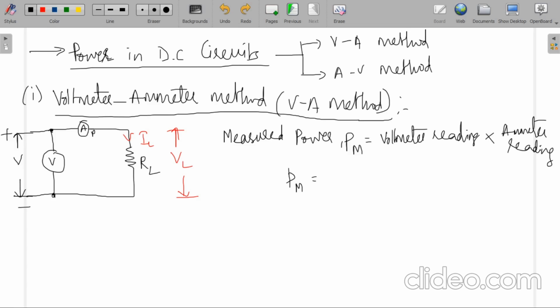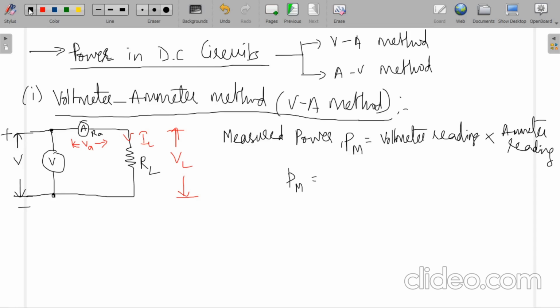IL is the current which is flowing through this ammeter, right? IL is flowing through this and RA is the resistance of this, so there may be a voltage drop across this ammeter. Let VA be the voltage drop across this ammeter.